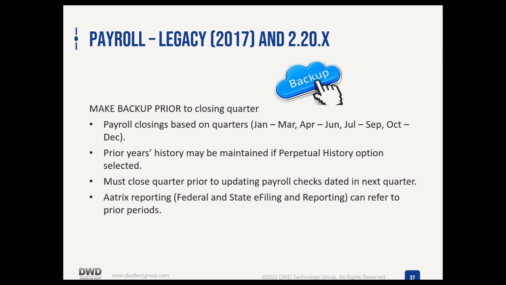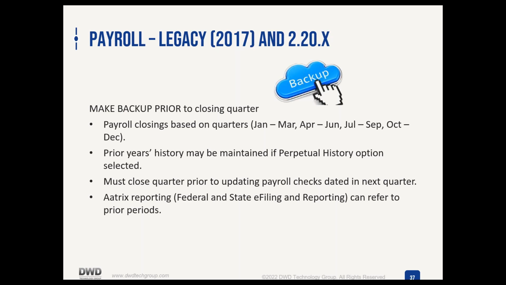Now, in the legacy version, you would need to make sure that you get the payroll closed before processing checks dated in the next quarter. That is not quite as true with the new 2.2x framework. I still encourage you to make those backups and do the quarter closes on a timely basis.